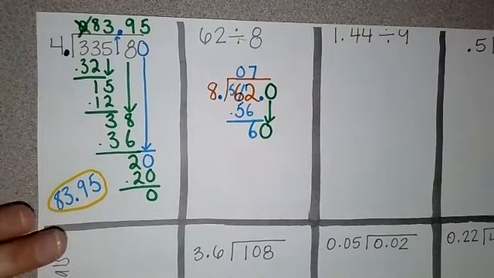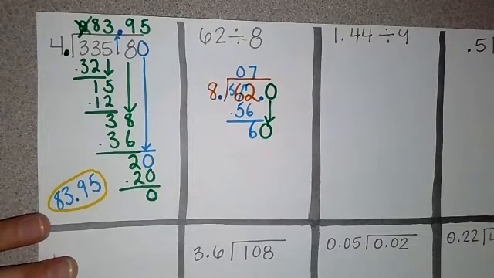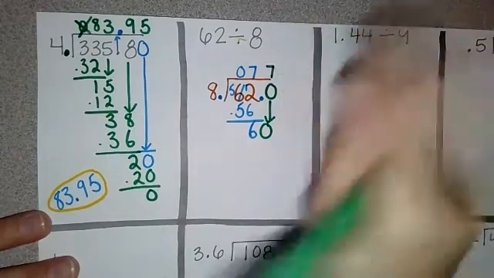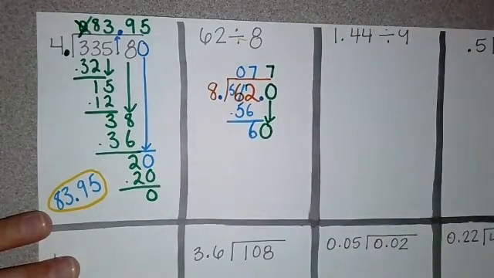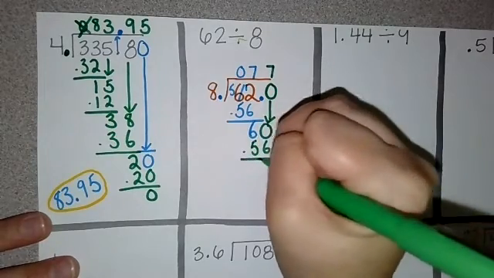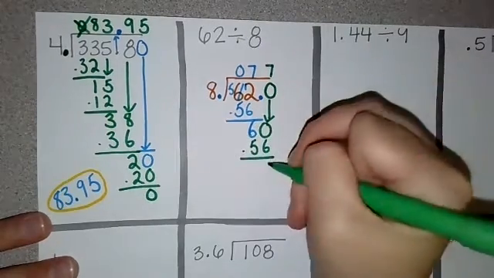Charlotte, how many 8s are in 60? There are 7. Put your 7 up here. What's 7 times 8, Charlotte? Subtract. So I've got 60 minus 56, and what do I get, Charlotte?